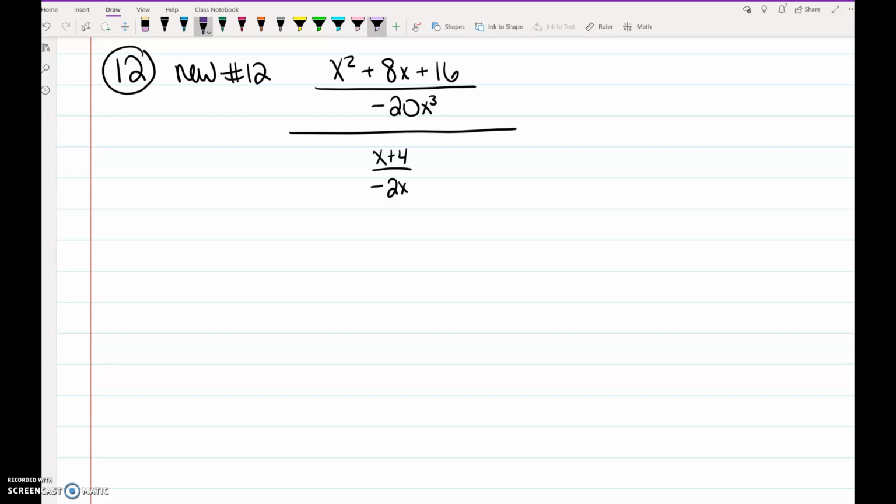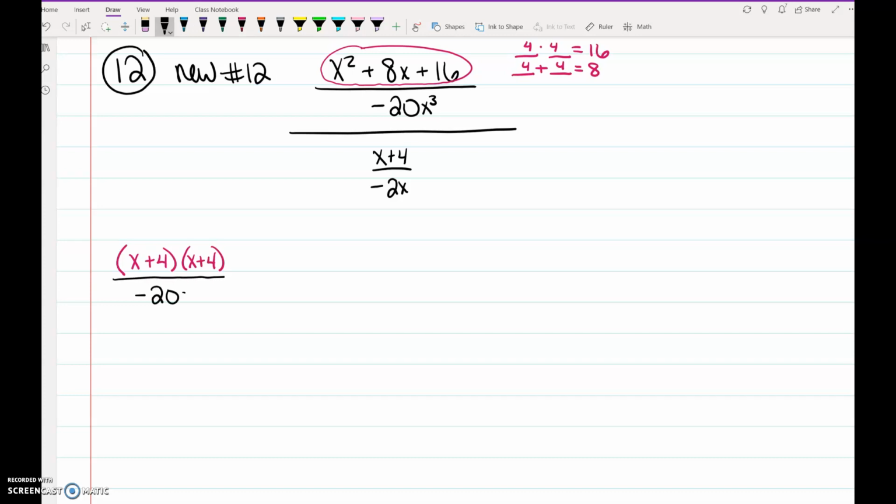So this top fraction we're going to need to factor. I want to factor the top, so I'm looking for two numbers that multiply to give me 16 and add up to 8. That would be 4 and 4. So the numerator of the first fraction is x plus 4, x plus 4.